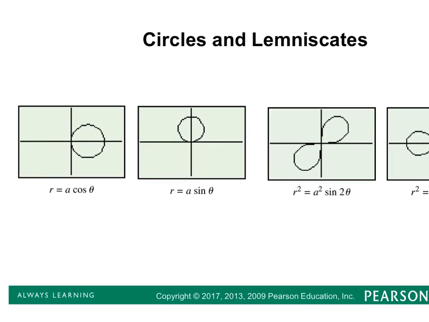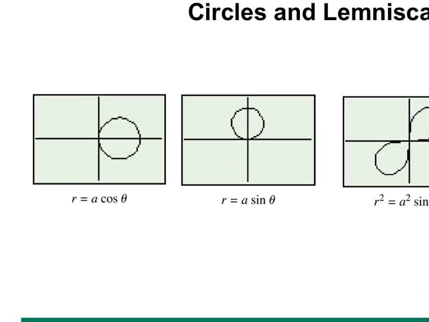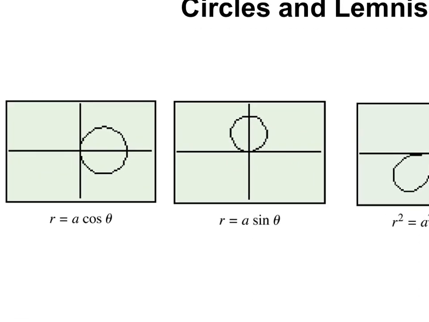Whether you're in pre-cal or calculus, you're going to see some charts, and you'll recognize this. Look at that. You've seen one of those already. But now the circle or cardioid, whichever way it is going on the x-axis to the right, I can make it go up by changing cosine to sine.